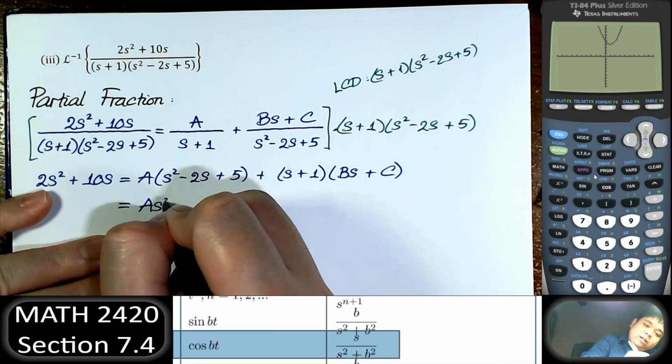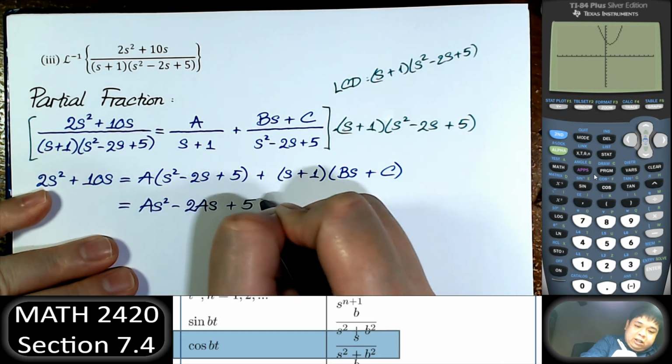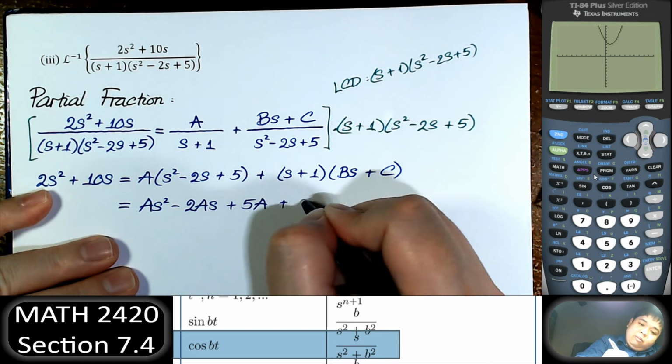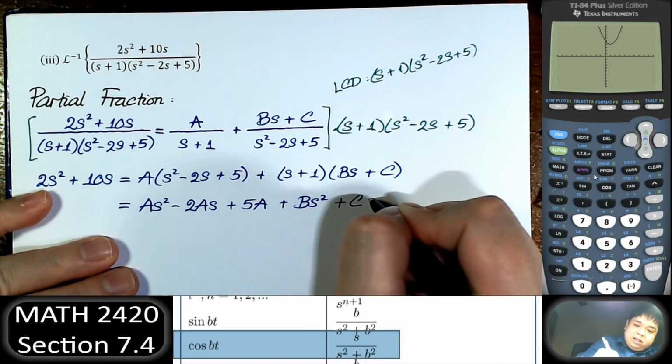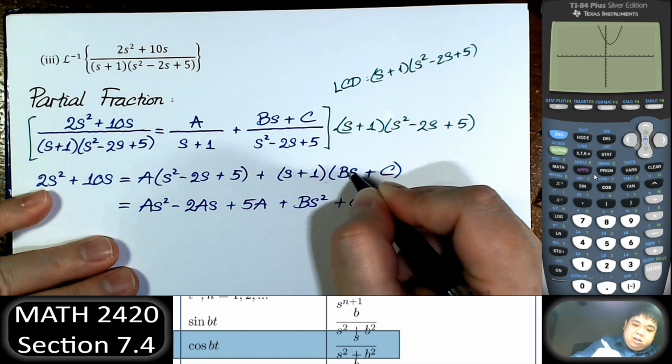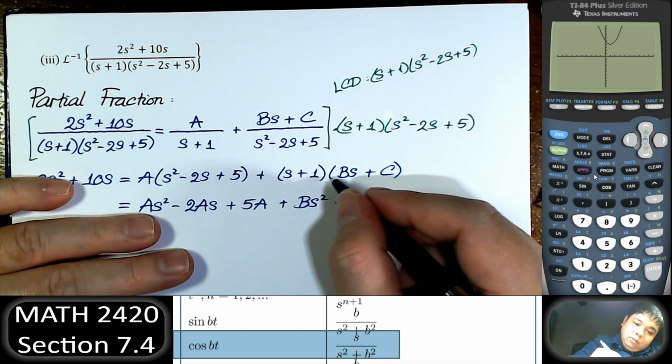As squared minus 2as plus 5a, plus bs squared, plus cs, plus bs, plus c.